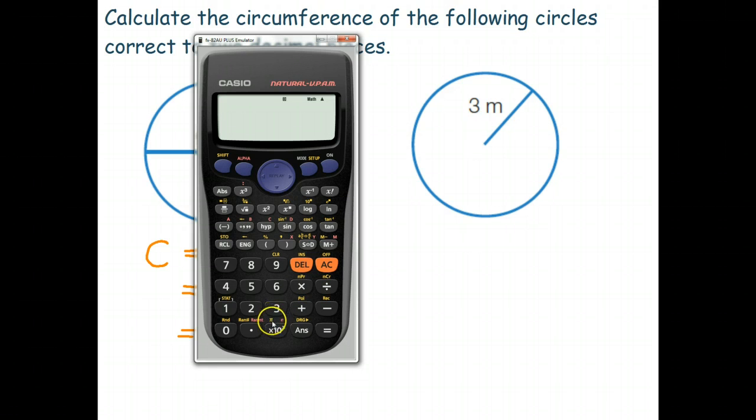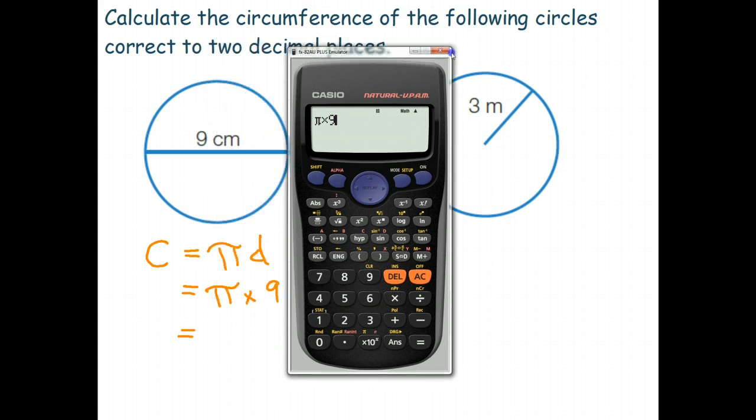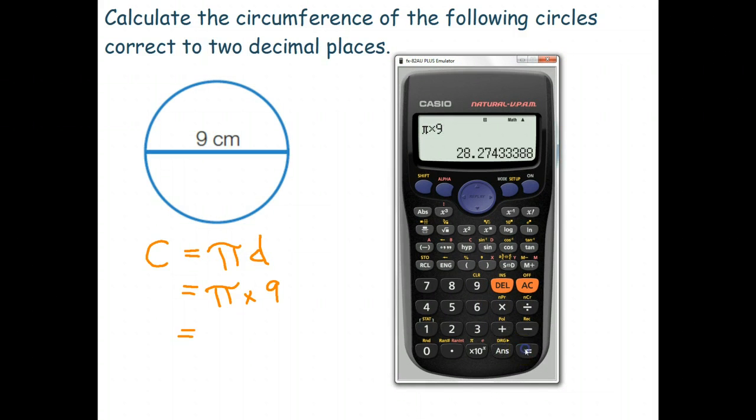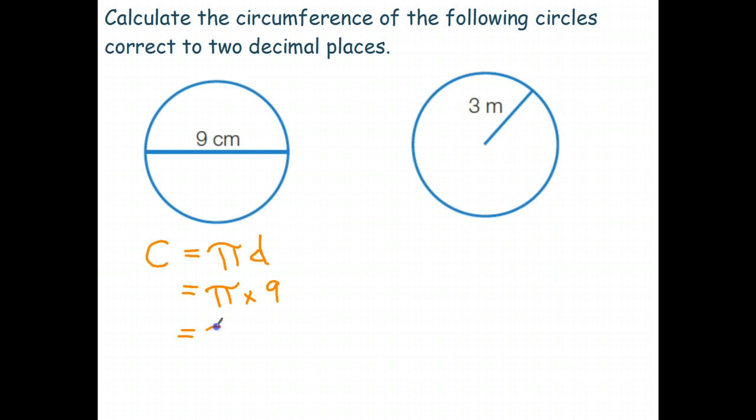There's pi down there written in gold, so I need to hit the shift key, and pi multiplied by 9. Let me move that off to the side. Equals, and I've been asked to round it to 2 decimal places, so 28.27. And again, don't forget the units, that's centimeters.